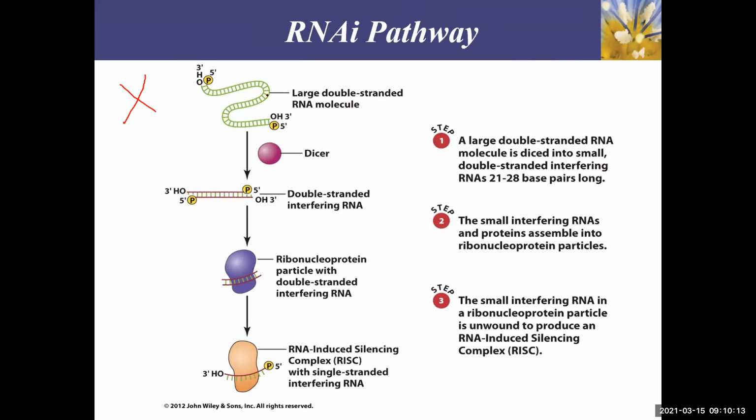RNA interference can be present within the cell as a self-defense mechanism, as I explained, if there's a viral attack in our cell, or nowadays we are trying to make medicines based on this technology. You never know, tomorrow coronavirus may be treated by RNAi treatment. You never know about that, right?